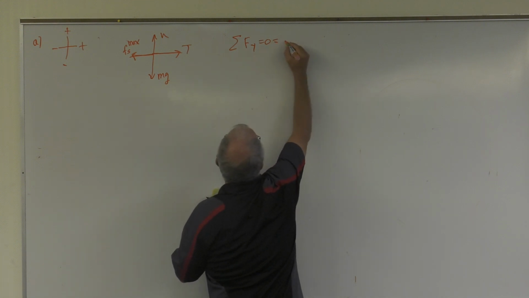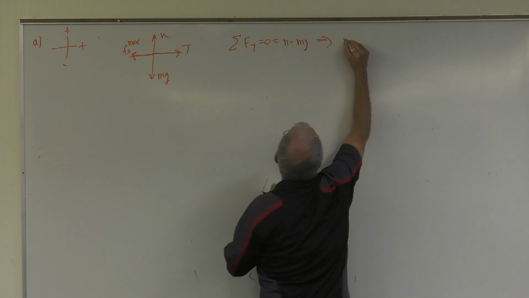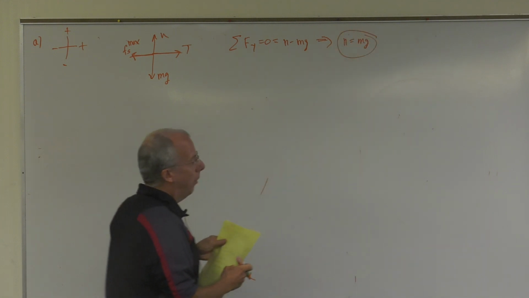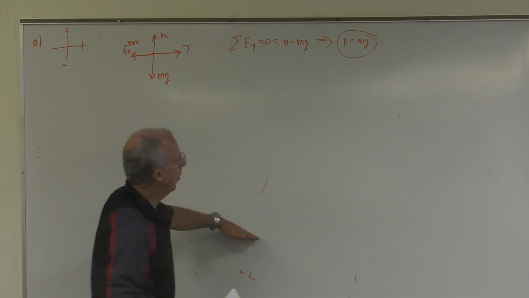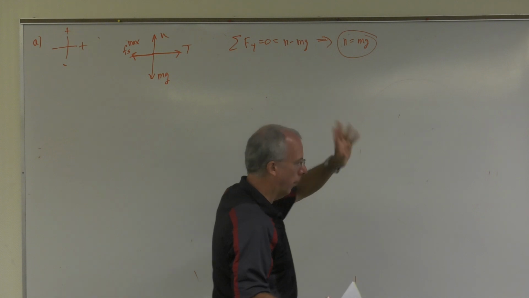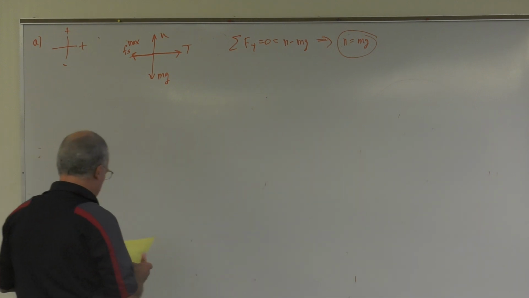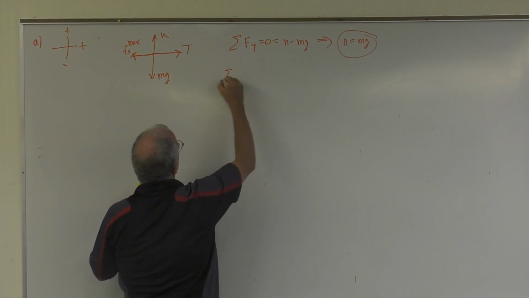We have N minus mg. Therefore, N equals mg. So that's what's nice about when you have something on a level surface. The normal is usually equal to mg unless there's some weird thing going on, right? We don't have to worry about angles or anything like that. Okay, so now we have our normal, so that's cool. Now we can do our x.